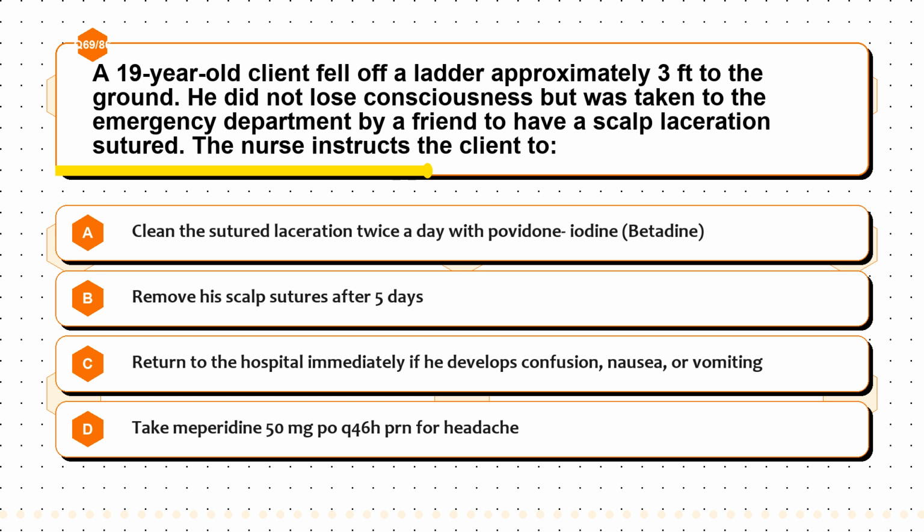Option A. Clean the sutured laceration twice a day with povidone iodine, Betadine. Option B. Remove his scalp sutures after 5 days. Option C. Return to the hospital immediately if he develops confusion, nausea, or vomiting. Option D. Take meperidine 50 mg PO Q4-6H PRN for headache.